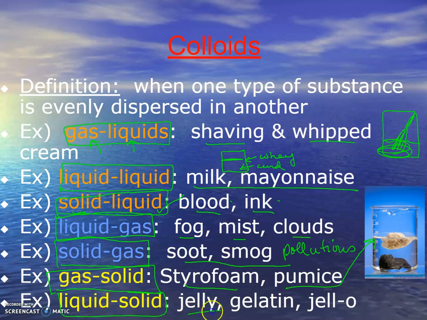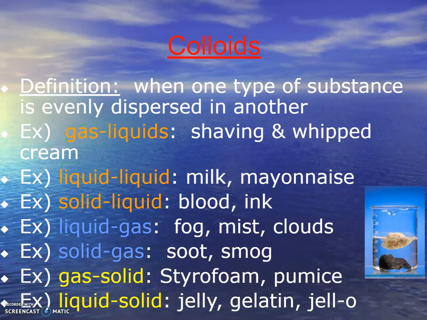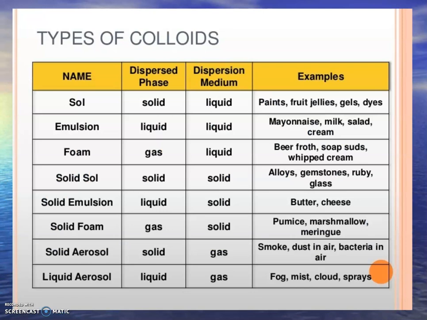And liquid solid stuff, which is going to be your jelly, jello, gelatin, and all that good stuff as well. All right, if you want to spend some time reading this slide, make sure that you push pause. I'm just going to leave it there for a couple seconds, but it goes through a lot more different types of colloids, like solid ones, which are going to be your alloys and glass and gemstones and all that kind of stuff.